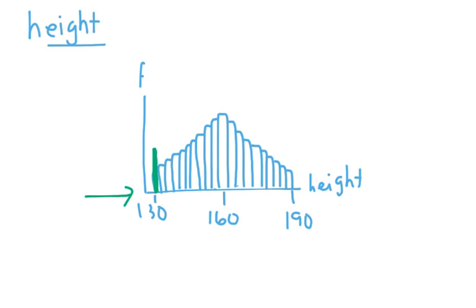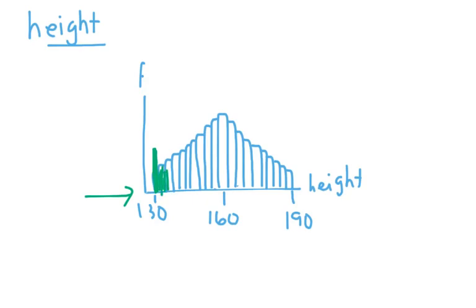So each value within the interval from 130 until 190 will have its own individual line.